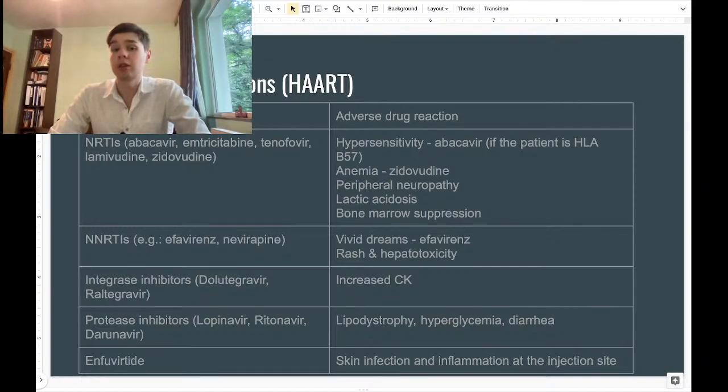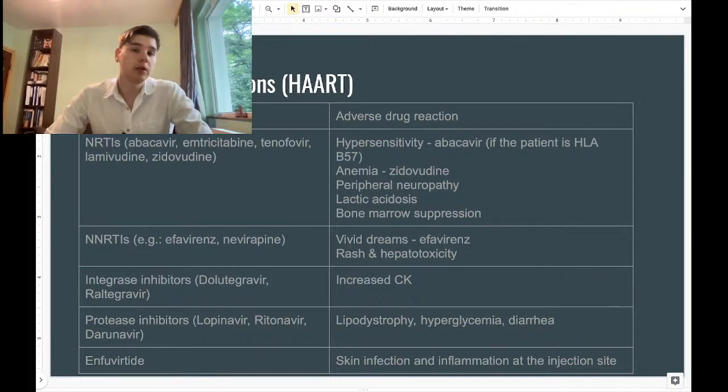The non-nucleoside reverse transcriptase inhibitors are represented by efavirenz and nevirapine on USMLE. An interesting side effect of efavirenz are vivid dreams and other CNS symptoms. By contrast, all NNRTIs can cause rash and hepatotoxicity. The integrase inhibitors are largely represented by dolutegravir or raltegravir.